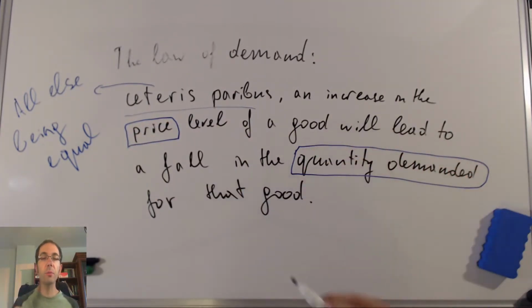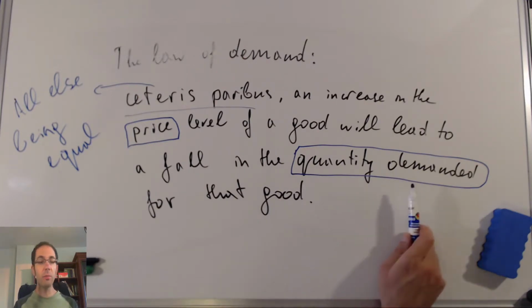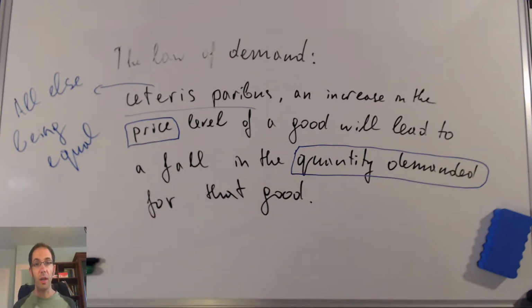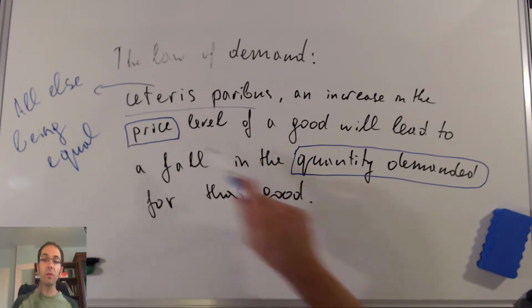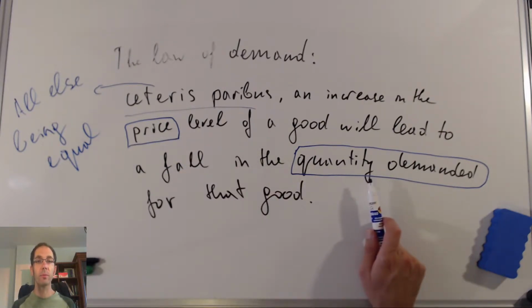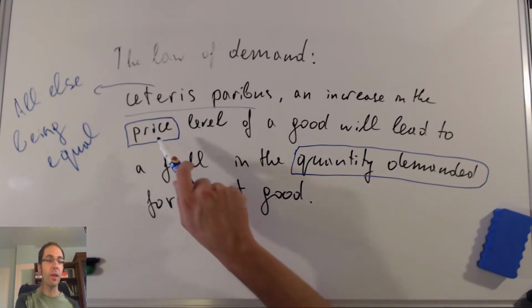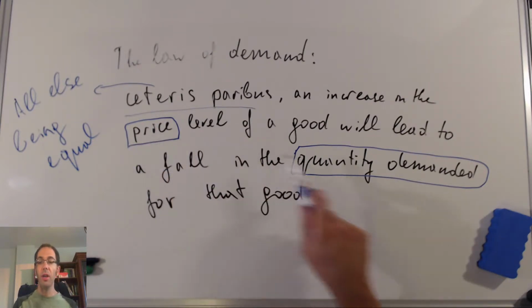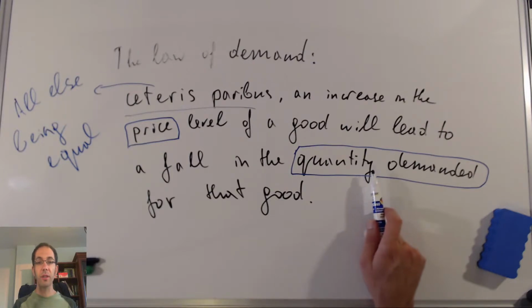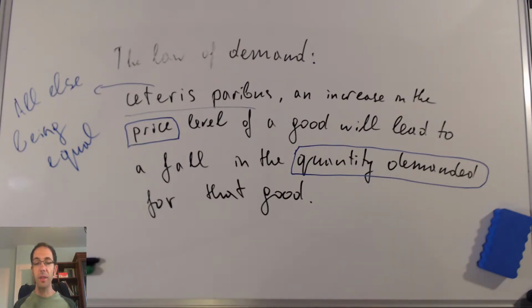So this is what we are modeling. What will happen to quantity demanded if we change the price? And according to the law of demand, if the price increases, the quantity demanded will fall. And also if the price falls, the quantity demanded will increase. This effectively means that there is a negative relationship between the price and the quantity demanded. So let's have a look.